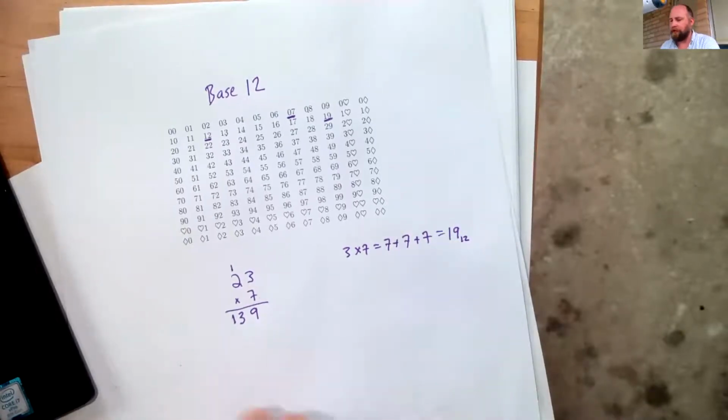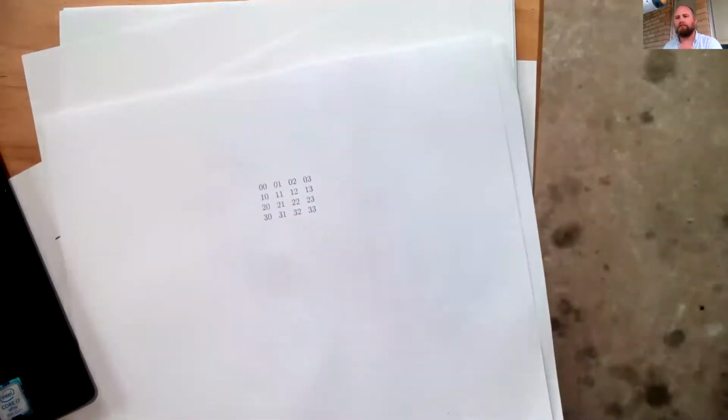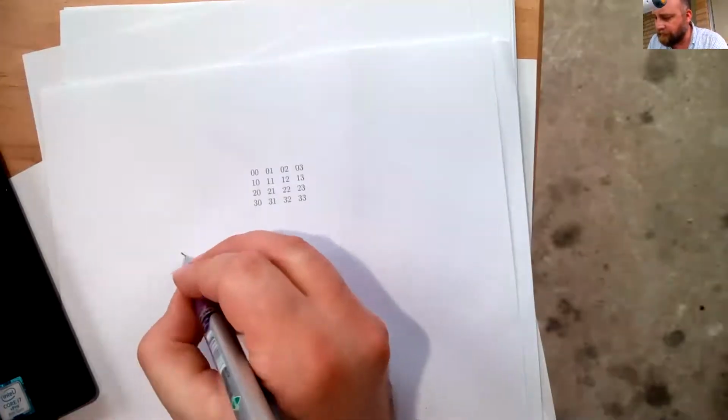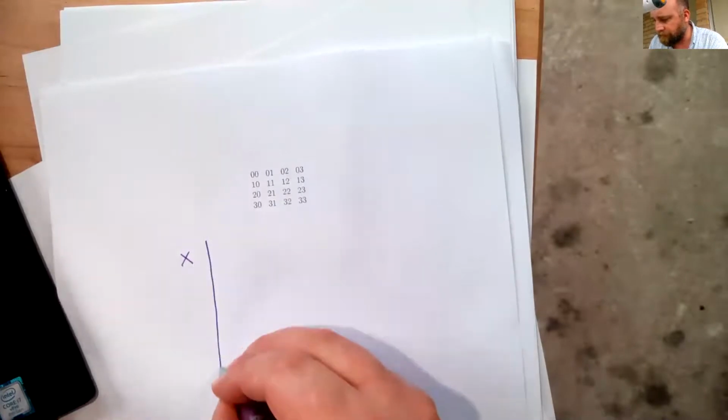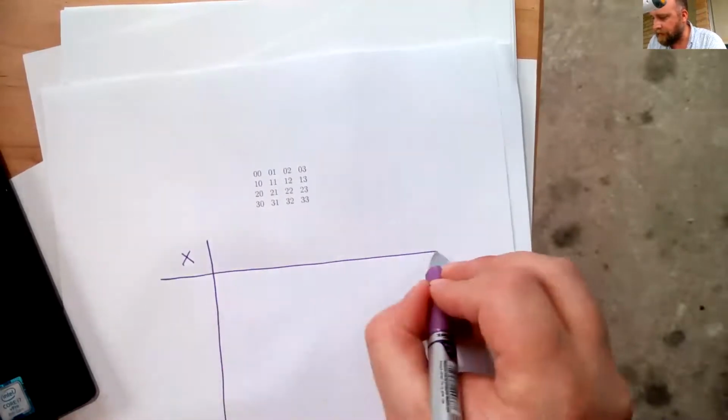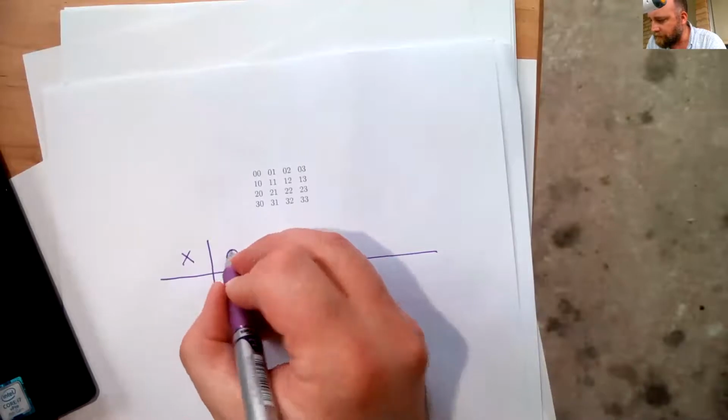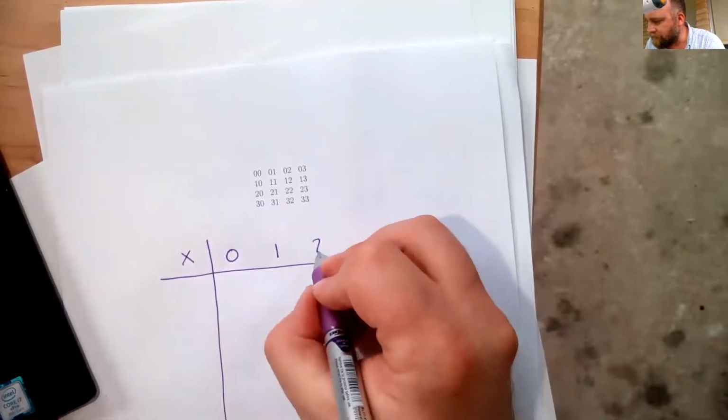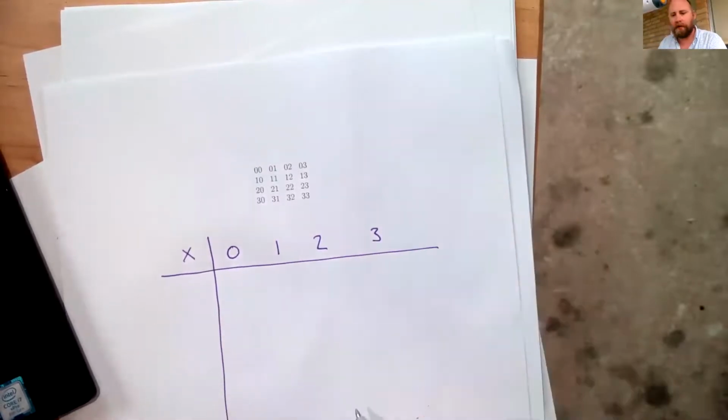So what I want to do is start with a smaller base and actually write out a multiplication table so you can see how that works. So we'll just do single digits. And we're working in base 4 here.